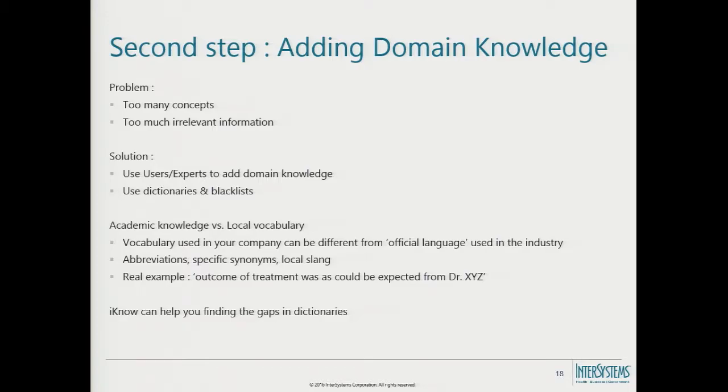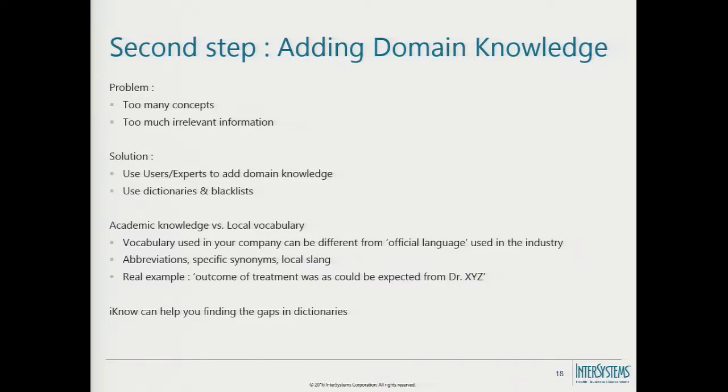So the second step is, you have indexed a lot of text, you have all these concepts, you can explore them, but you will find out that if you have a good number of texts, a vast amount of concepts will come out of it. Typically, if you have, let's say, 1 million texts, you have about 30 million concepts that we find in them.